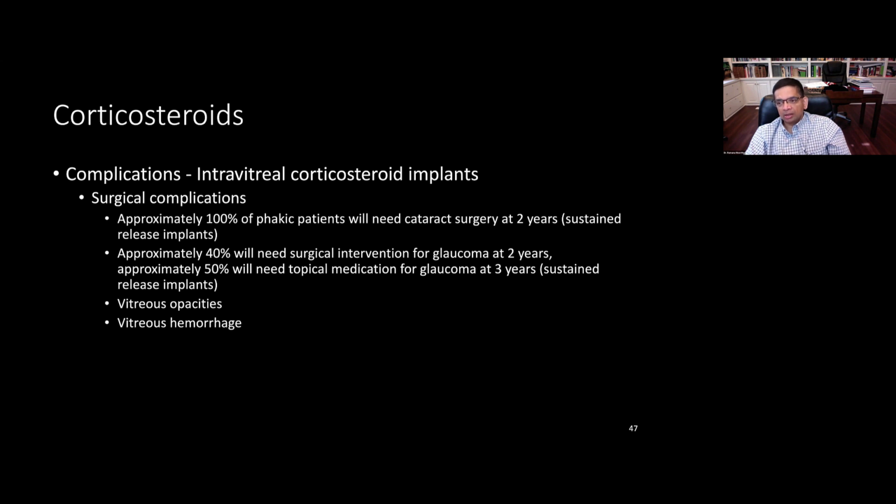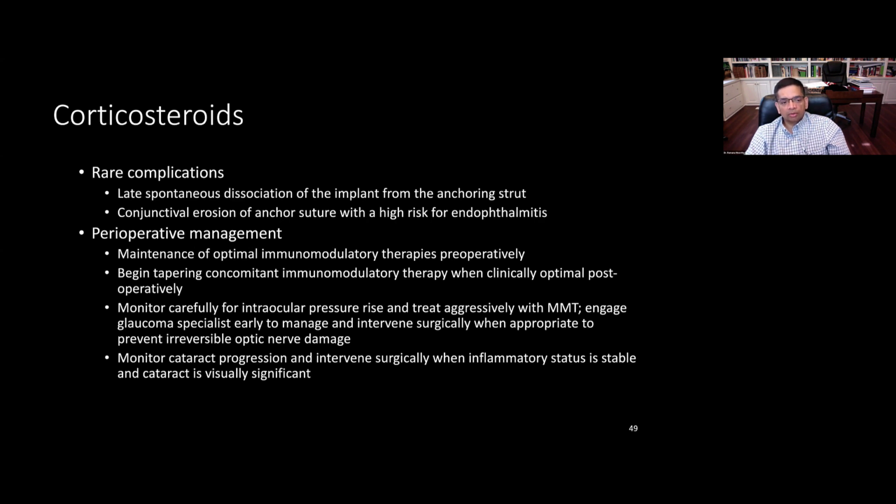Similar data, although less severe, has been reported even with the Yutiq implant, Yutiq brand of low-dose fluocinolone acetonide implant. Vitreous opacities and vitreous hemorrhage are very common postoperatively, and these usually spontaneously resolve.